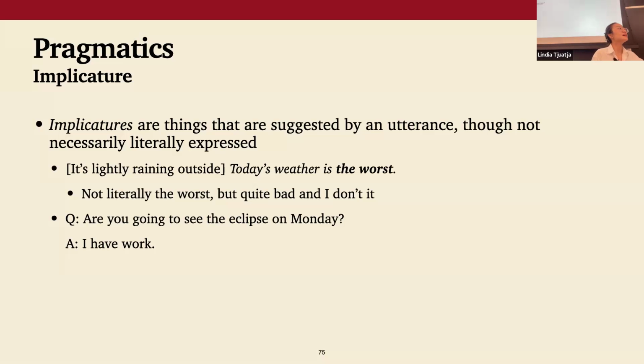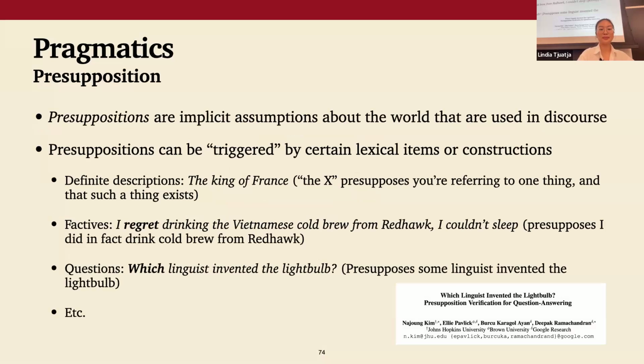Yes, question about this. Question with the presupposition: why exactly is this bad to have in an evaluation data set? Because wouldn't this be a good indication of whether your model can identify the presuppositions and then identify whether that presupposition is true? Yeah, I think the issue was that, with question answering evaluation data sets, that wasn't the thing they were looking for. They were looking for some string.